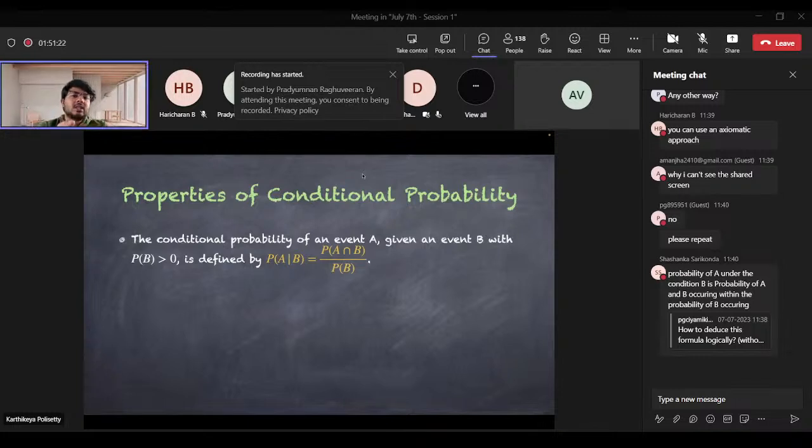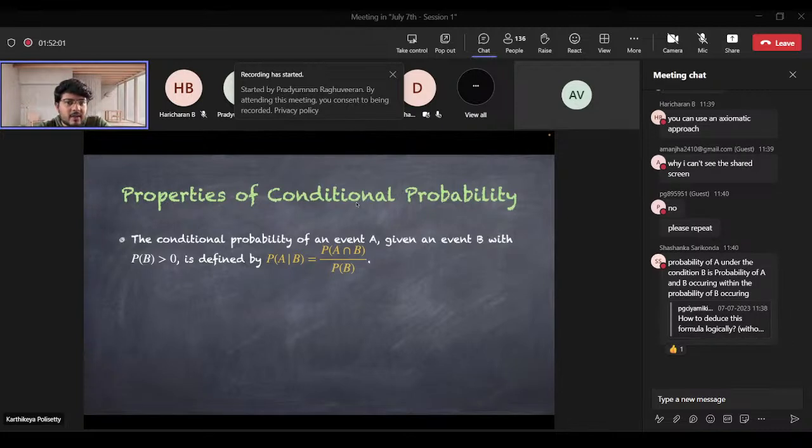So it is the things which are common to A and B, because B should definitely occur. Not everything in A can occur, because some of them might not happen when B has already occurred. So we are taking the elements that are common to both A and B, and we are sure that the elements are from only B, as B has already occurred. So the conditional probability is given by P of A given B as P of A intersection B, that is in both A and B, and we are sure that they are from P of B. So now our new sample space is concentrated to B.